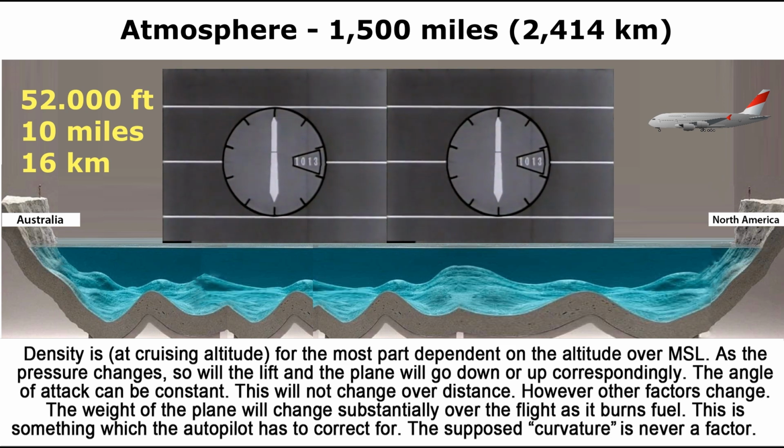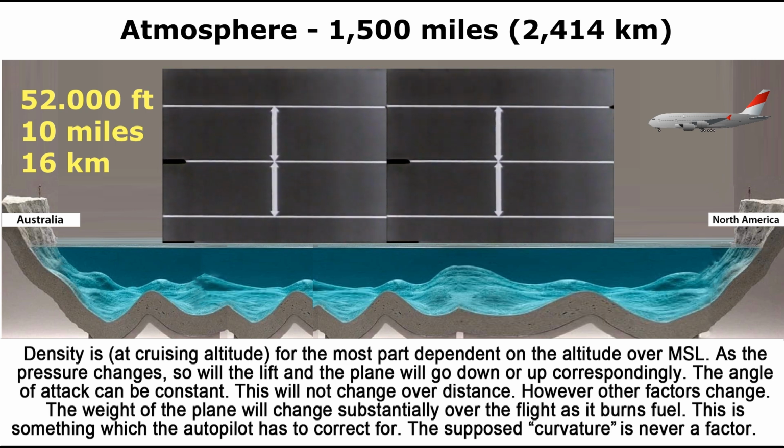But no matter whether the pressure surfaces move up or down, the vertical distance between flight levels remains the same. Different flight levels can therefore be used to provide separation between aircraft.